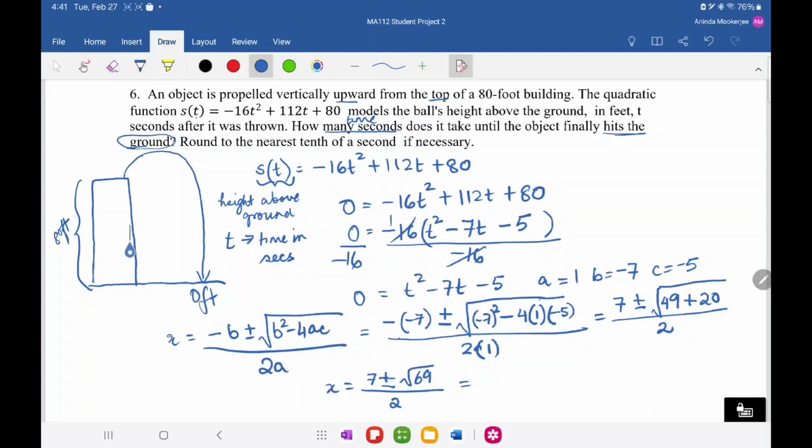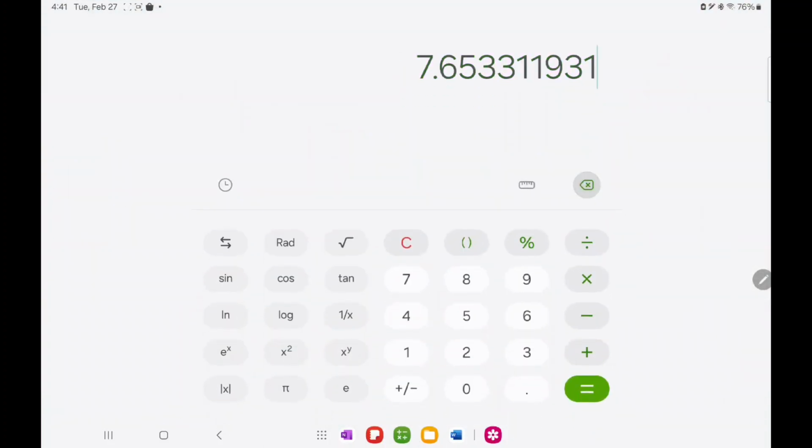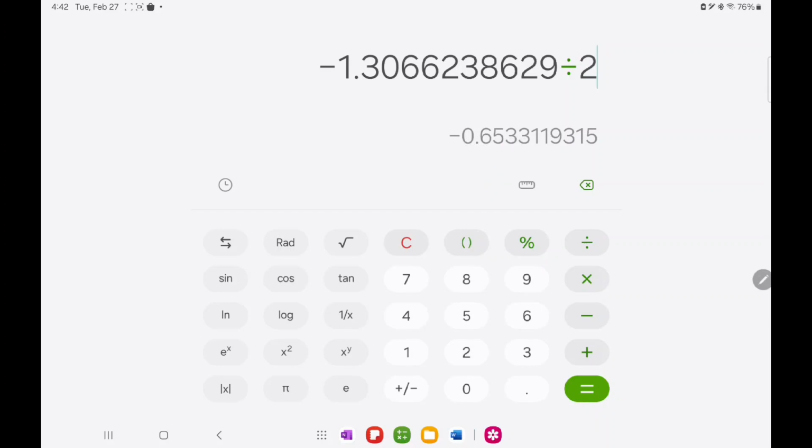So I'm going to use the calculator now to do 7 minus the square root of 69 divided by 2. Let's see what we get here. Let me clean this up. So 7 minus the square root of 69 divided by 2 is negative 0.653.